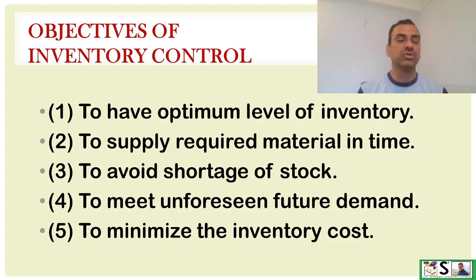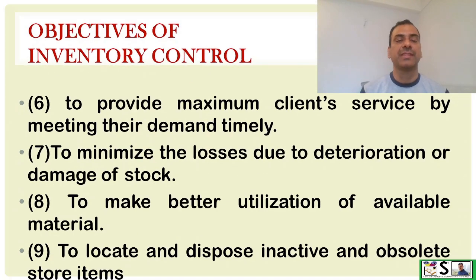And then to supply the required material in time, to avoid shortage of the stock, to meet unforeseen future demand, to minimize the inventory cost, to provide maximum client service by meeting their demand timely, to minimize the losses due to deterioration or damage of the stock, to make better utilization of available material, to locate and dispose of inactive and obsolete store items.